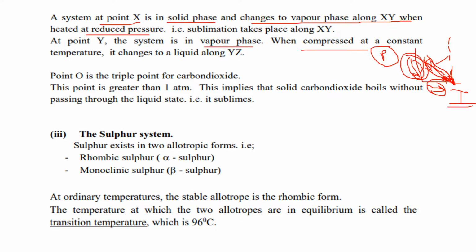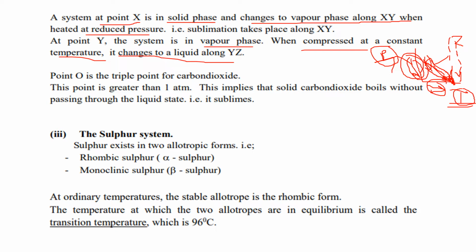So this graph here from Y to Z must be vertical upwards. That means that you're only increasing pressure and leaving temperature constant. So when compressed at a constant temperature, it changes to a liquid, and that's along Y to Z. I hope that has been simple to understand.